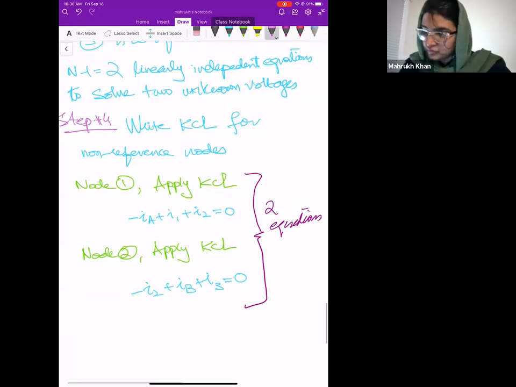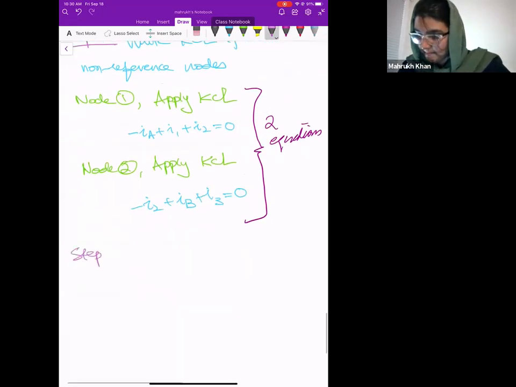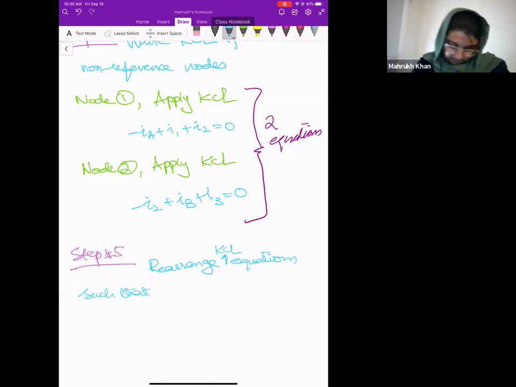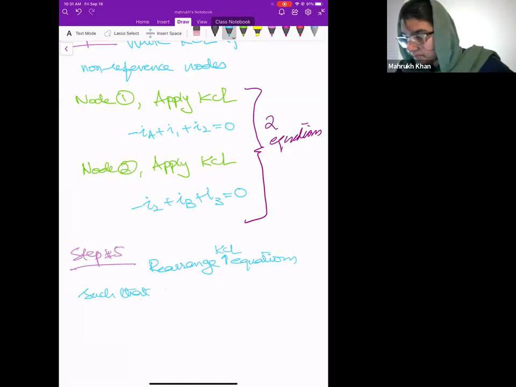So what I will do is rearrange the KCL equations such that known sources may be at one side.